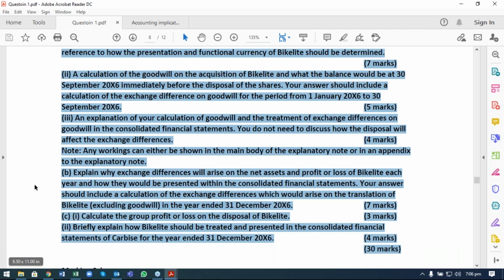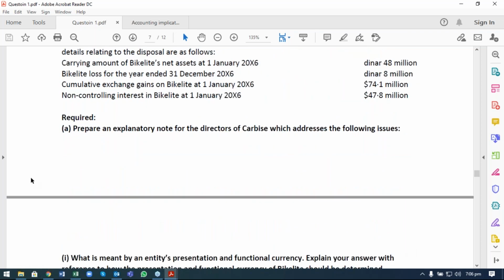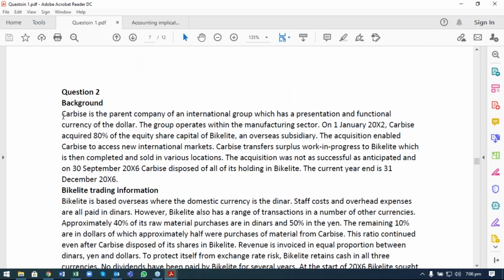Let's move back to the scenario. The background mentioned in the scenario is that Carbise is the parent company of an international group which has a presentation and functional currency of the dollar. The group operates within the manufacturing sector.